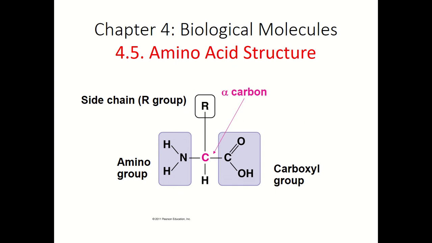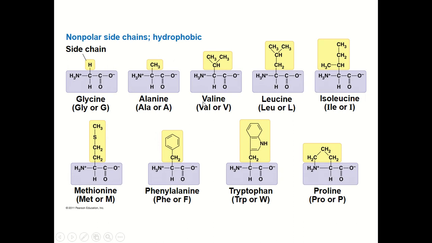Bear in mind, the only difference between all amino acids is the R group, or the side chain. So there are 20 amino acids. Here we have the amino group, and this one is the carboxyl group. Here is the carbon backbone, and this is the side chain.